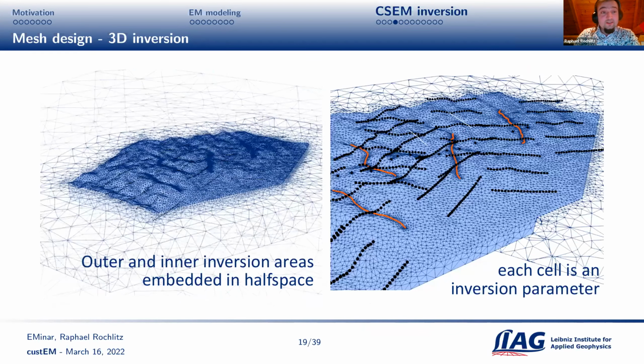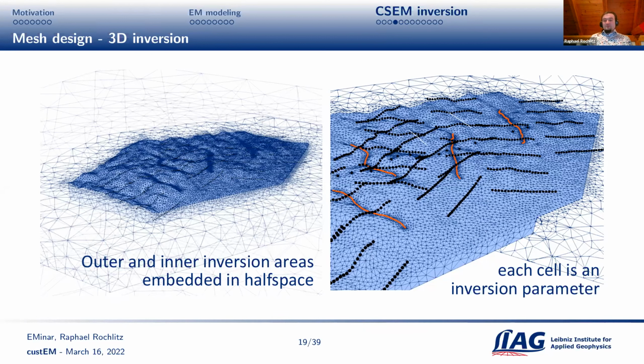The other thing, of course, is 3D inversion. So for 3D inversion, we consider a certain mountainous area, like shown in the beginning, with our transmitters and receivers. We build an inner inversion area, shown in blue here, with cells, and each cell is a model parameter.